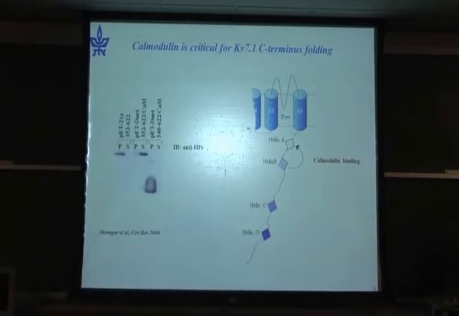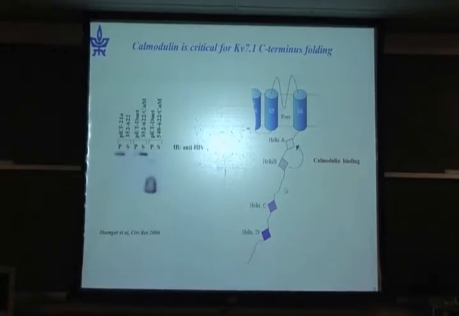So, first of all, the calmodulin sensor module. Calmodulin is very important for the folding of the Kv7.1 C-terminus. We observed this function when, for crystallization purposes, we wanted to overexpress this whole C-terminus in bacteria.